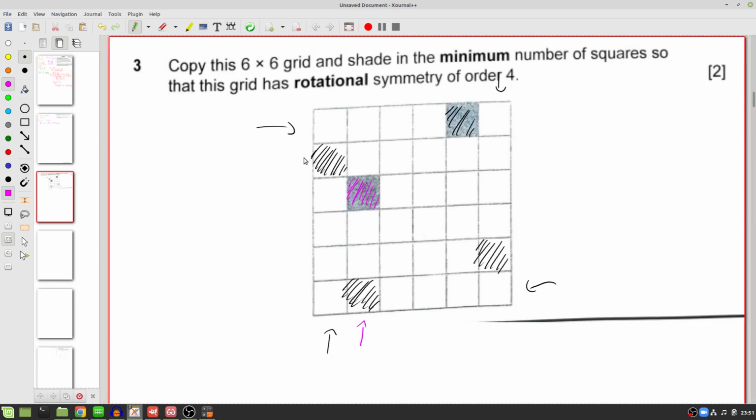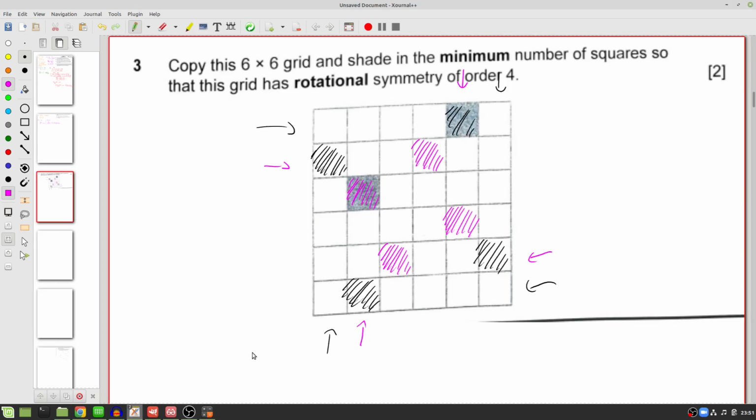Then rotate it again, so now we're looking at it from here. Again, there'll be a 4th block that we have to shade. Rotate it 90 degrees again, we're looking at it from this side. So now it's the 4th block again from that side. And finally from this side, the 4th block. All right, so that should have rotational symmetry of 4.